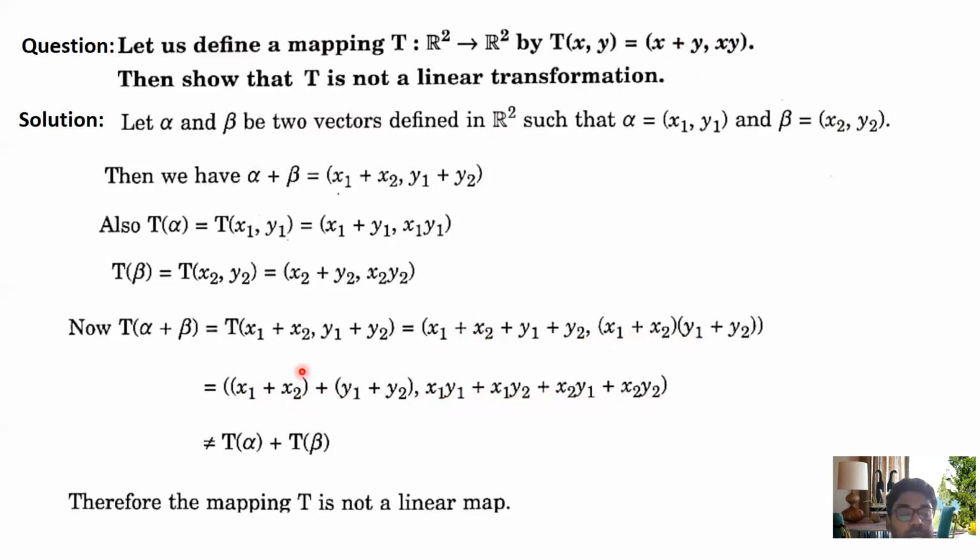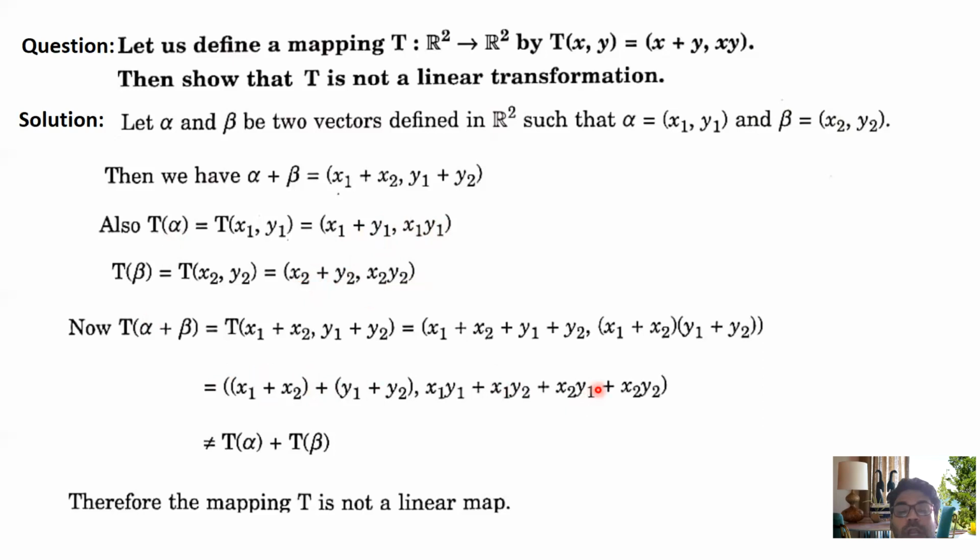So from here it is clear this is not equal to T alpha plus T beta. T alpha plus T beta is nothing but (x1 plus x2 plus y1 plus y2, x1 y1 plus x2 y2).